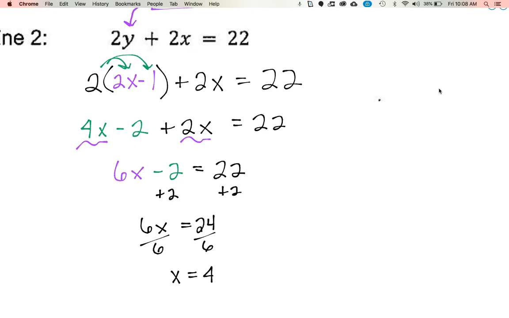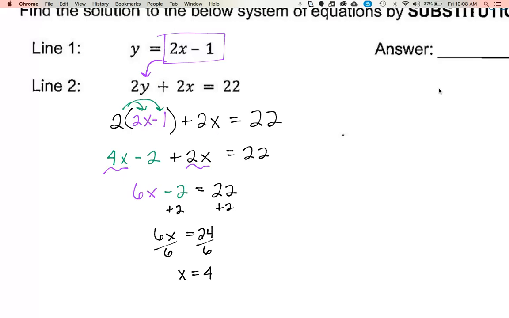So when I do the substitution method, I always try and start with that box because then I know I finish with that box as well. Because that box is saying this is what y equals. We just don't know what y equals because we didn't know what x equals. Now we know what x equals.